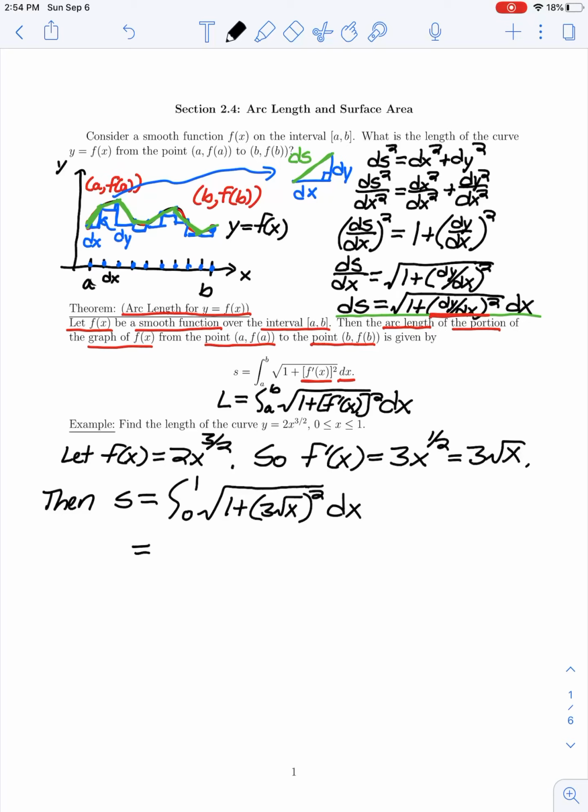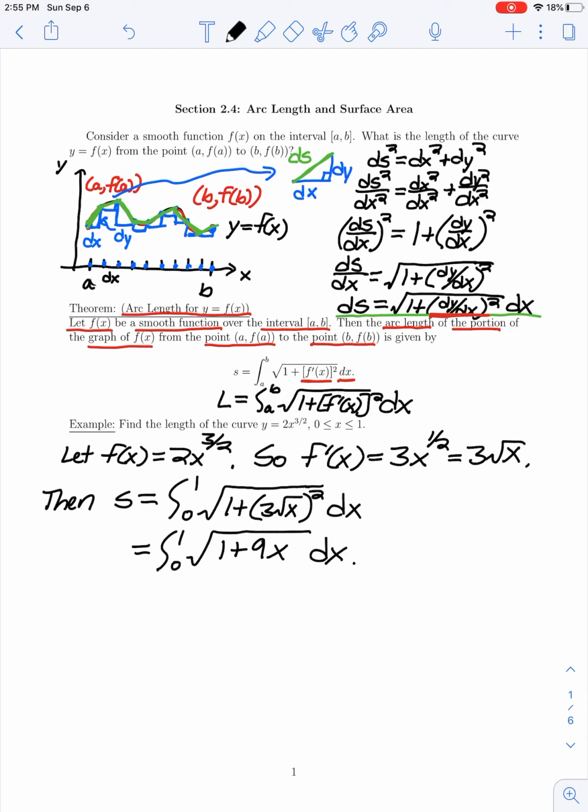So let's see what we have. We have the integral from 0 to 1, and simplifying under the radical, we will have a 1 plus, when we square 3 square root of x, we will have a 9x, and then our dx on the end.